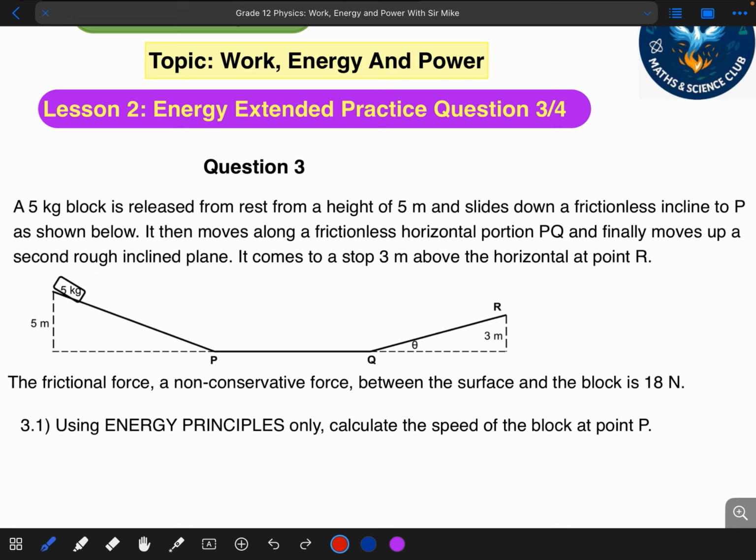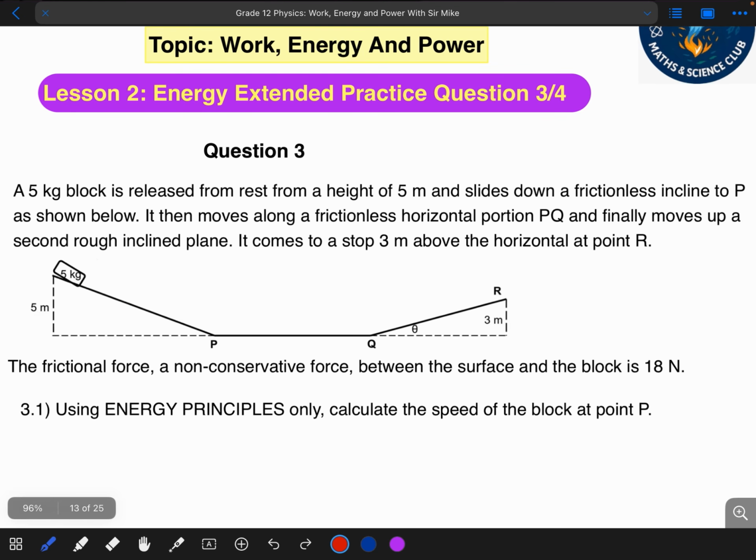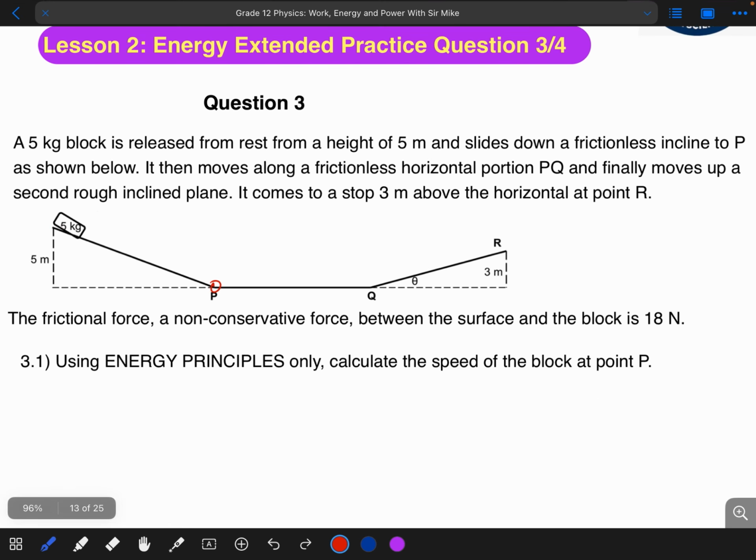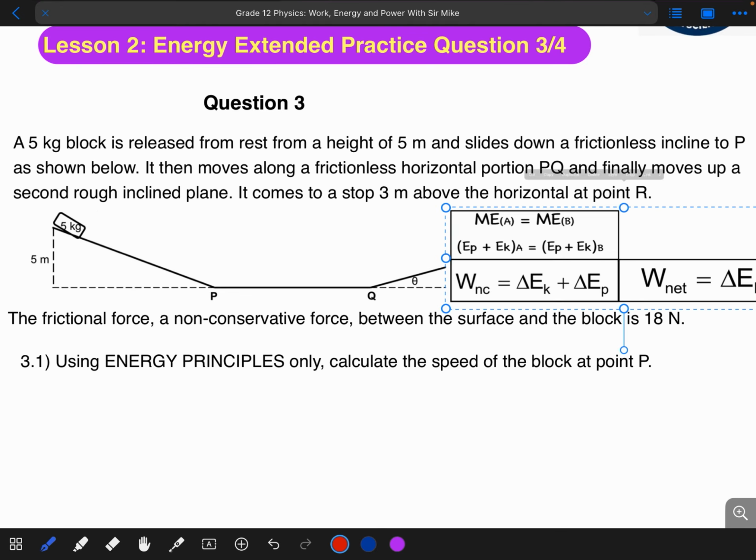They said that using energy principles only, calculate the speed of the block at point P. Remember that between these two points we do not have a frictional force. So let me bring in our energy principles.